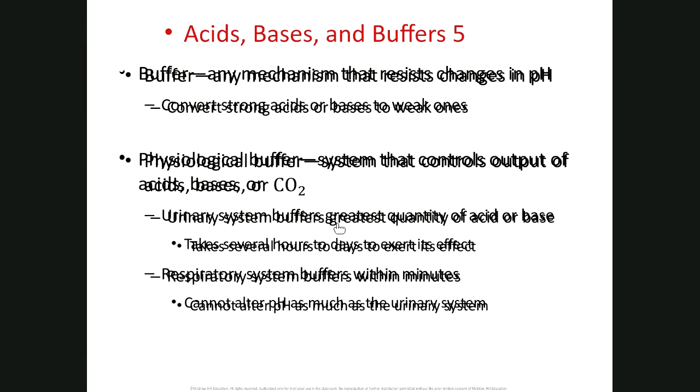The urinary system, once it gets going, can take out a lot of acid or a lot of base in the urine more than the respiratory system can, but it usually starts slower. Almost like comparing the endocrine with the nervous system.